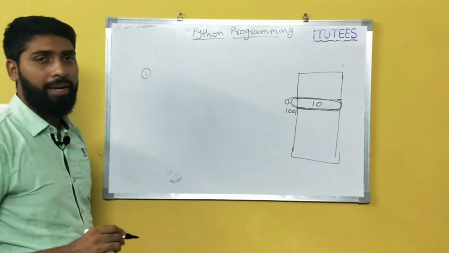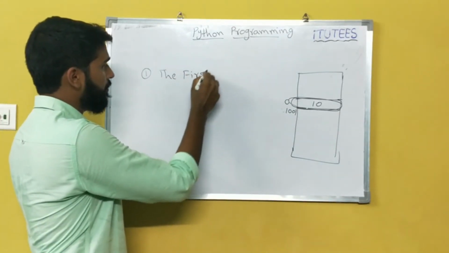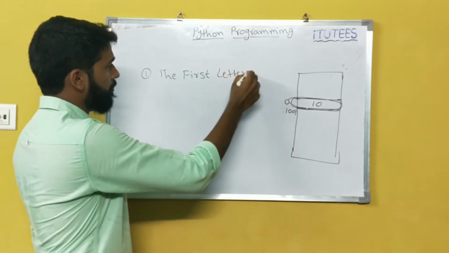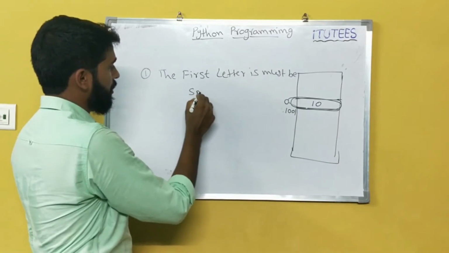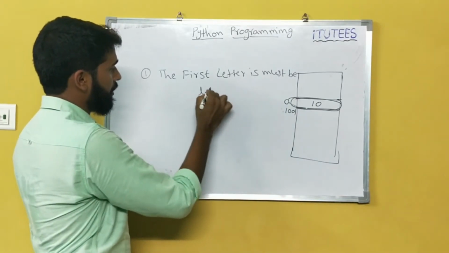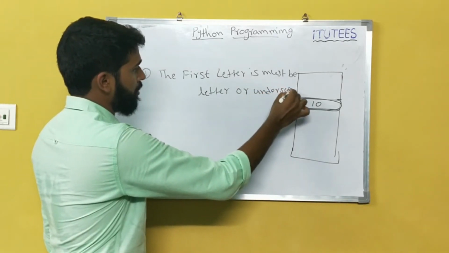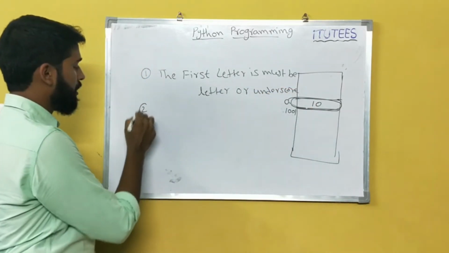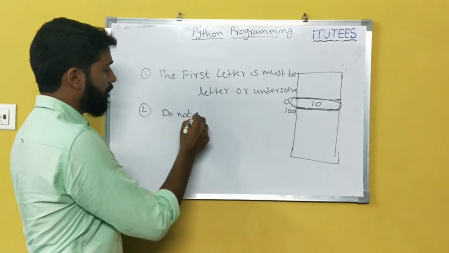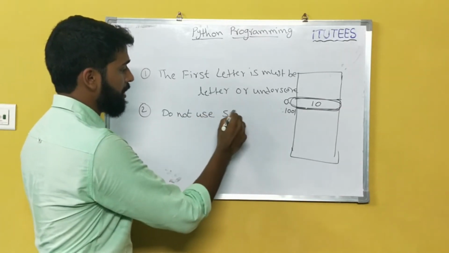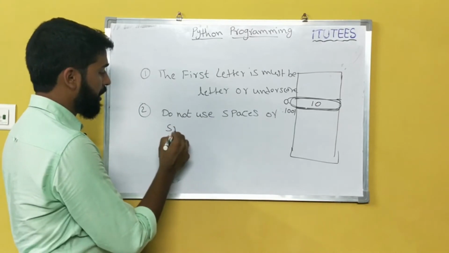The first condition is the first letter must be a letter or underscore, and the second one is don't use spaces or special characters.